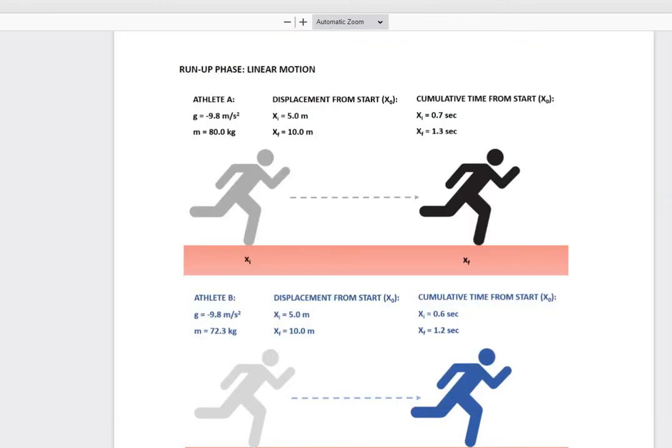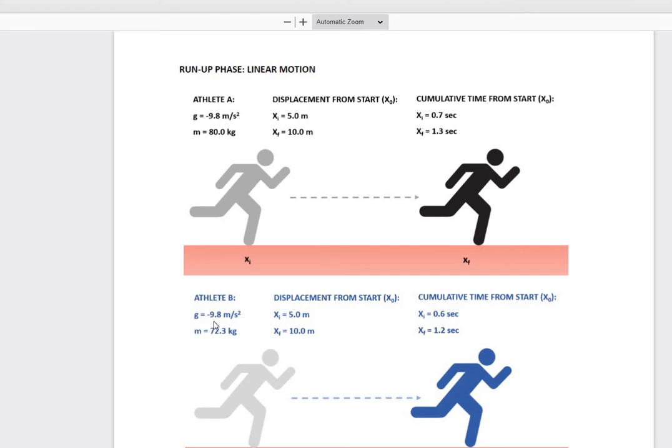So we are given these variables, and again some of these will make sense from what I've just said, others will not at this stage, but you've been given the acceleration of gravity. You've also been given each participant's mass.